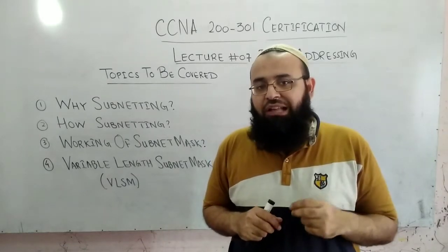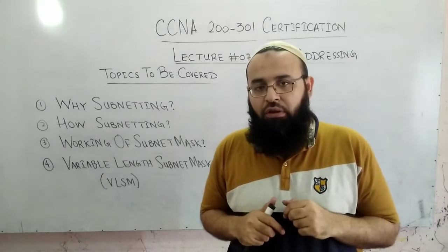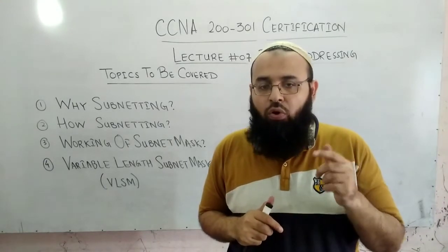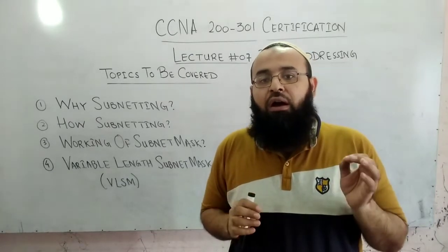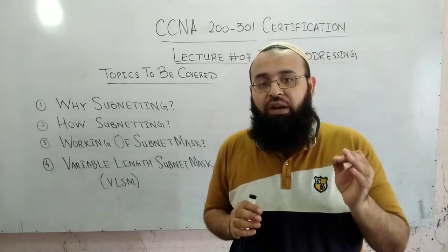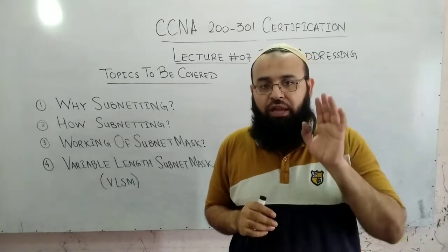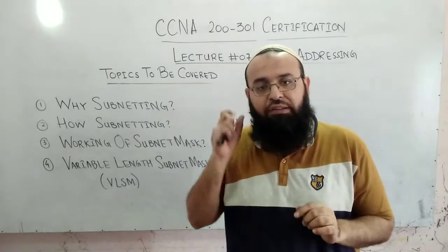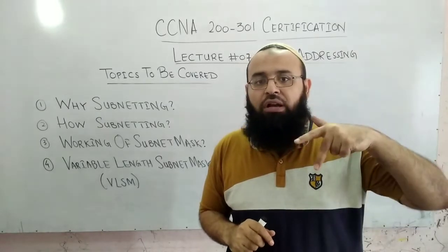In class C IP address, you have a total of 8 host bits. So with the help of those 8 host bits, you can create a LAN with a host IP address range of 2 to the power 8 minus 2. So 2 to the power 8 is 256 because 8 is the number of host bits in class C IP address, and minus 2 for the network address and the broadcast address.